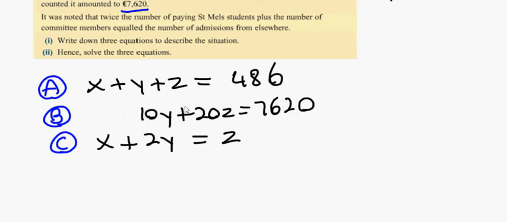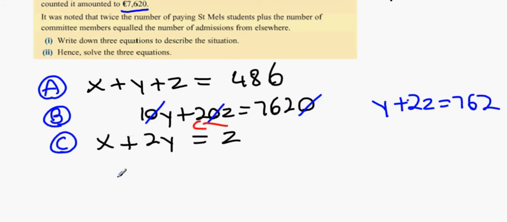We can also strike off the zeros, because you can divide by 10 both sides, and we can simply say that y plus z, the number of paying St. Mel's students plus students from outside, is 700, and y plus 2z equals 762.